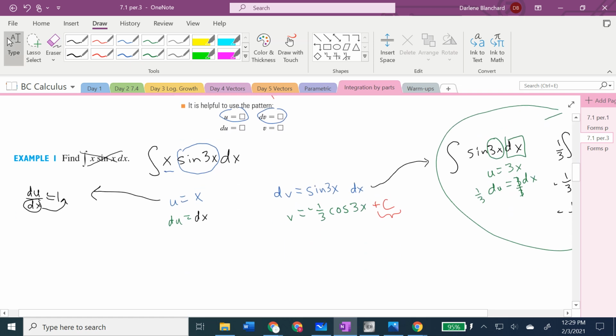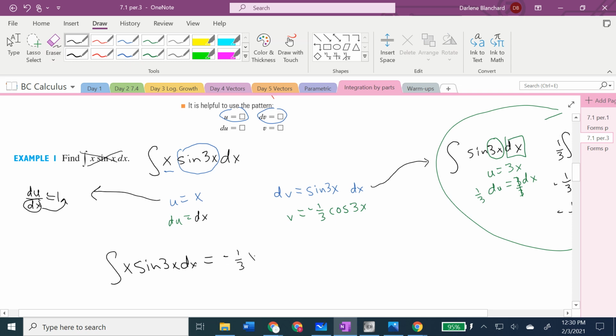Now we're going to use the formula. The formula says that the integral of x times sine 3x dx is equal to u times v, which is negative 1/3. I like to put my constants in front.